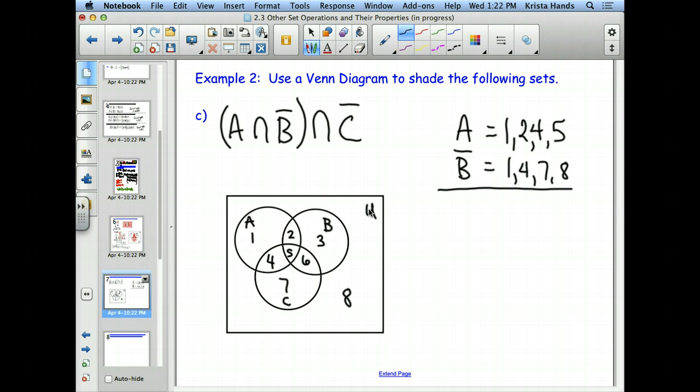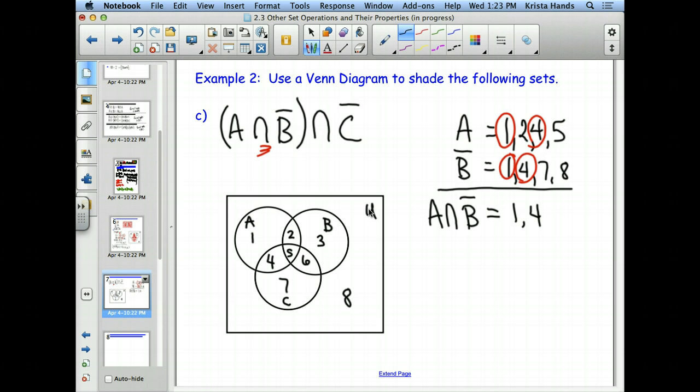I'm going to combine these with what set operation? Intersection. This says intersection right here. So I need to do A intersect B complement, which means what am I looking for among the set of lists? Things they have in common, which would be the number 1 and the number 4. Perfect. So this one is 1 and 4.